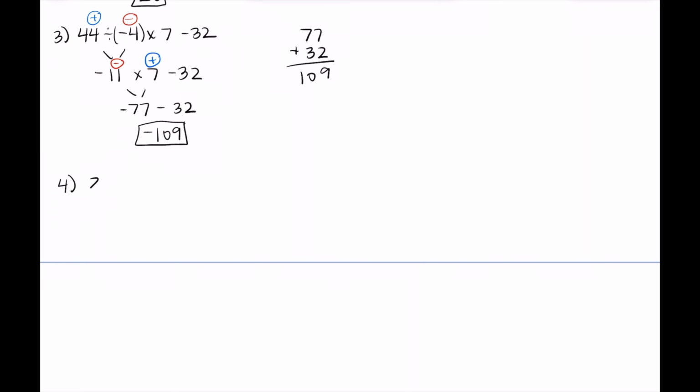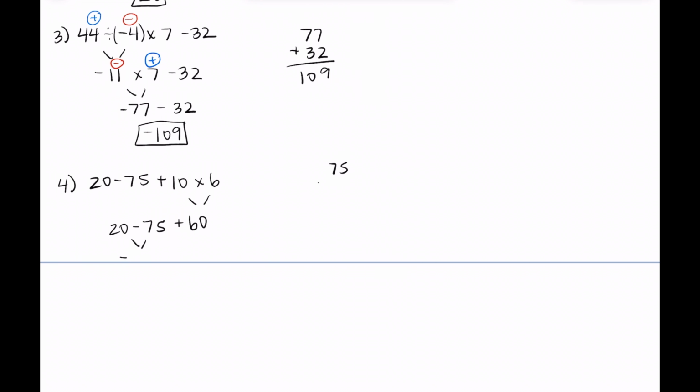Now we'll move on to number 4. For number 4, we have 20 minus 75 plus 10 times 6. So again, PEMDAS, right? We have to start with multiplying here. 10 times 6 gives us 60. And now we can work from left to right now that we have just adding and subtracting. For the 20 minus 75, 75 is greater than 20, so our answer is going to be negative, right?